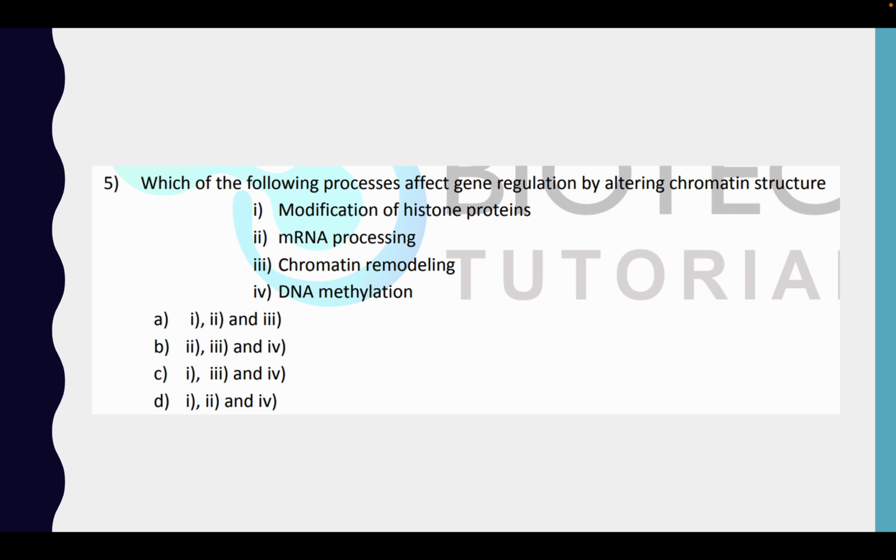Which of the following processes affect gene regulation by altering chromatin structure? Modification of histone proteins, mRNA processing, chromatin remodeling, DNA methylation. And then options are as follows.